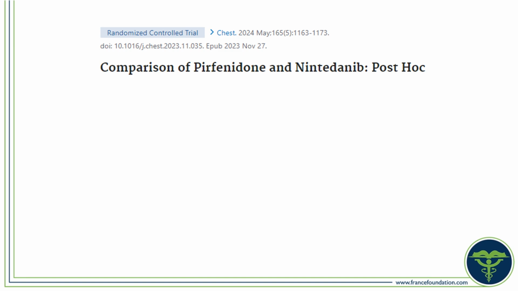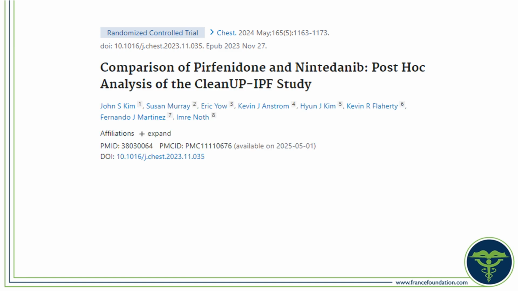One of the questions I think many providers face is, is one of these drugs better than the other? We have two antifibrotic strategies, and I think it's fair to say that most providers who use these drugs regularly often choose them based on the adverse effect profile, largely because we believe the clinical benefit to be about the same. And this is a really well done post hoc analysis of the CleanUP-IPF study that was published in 2024, which asked whether or not there was a difference in 12-month forced vital capacity outcomes between the two antifibrotic drugs in patients who came into the CleanUP-IPF study on these therapies.